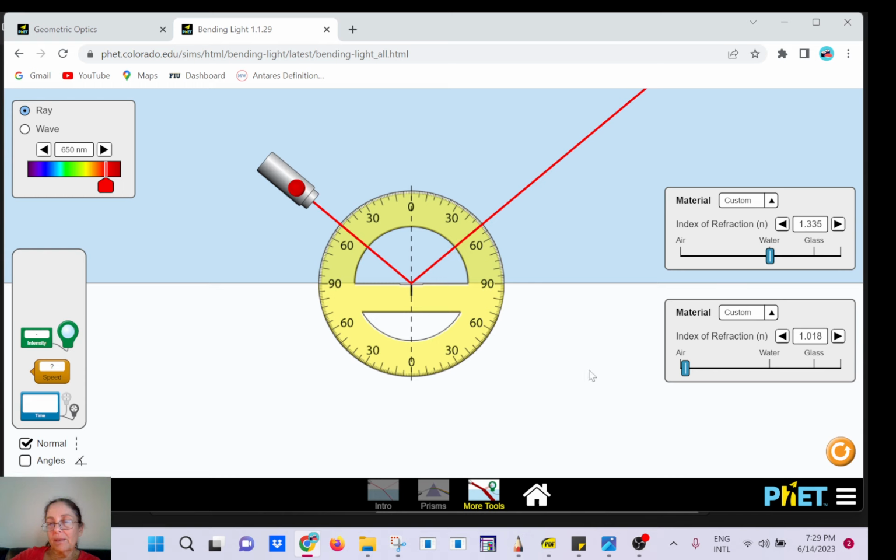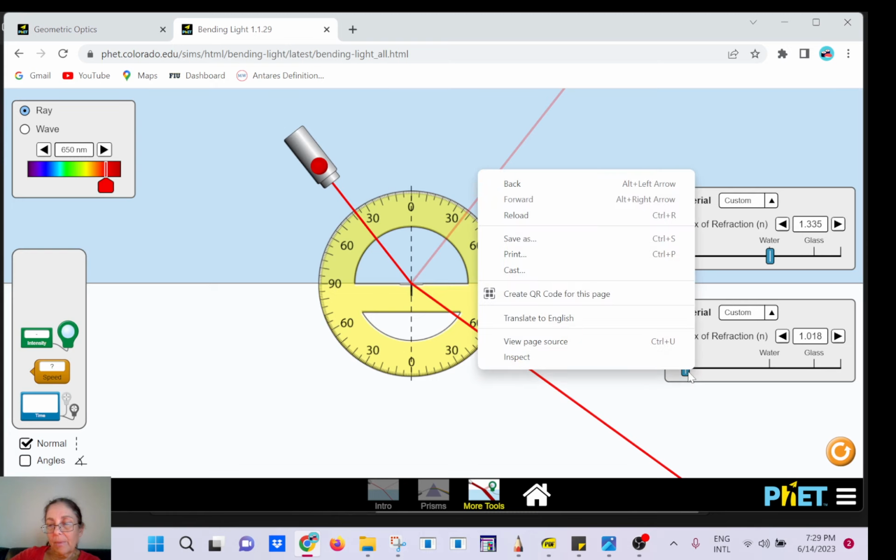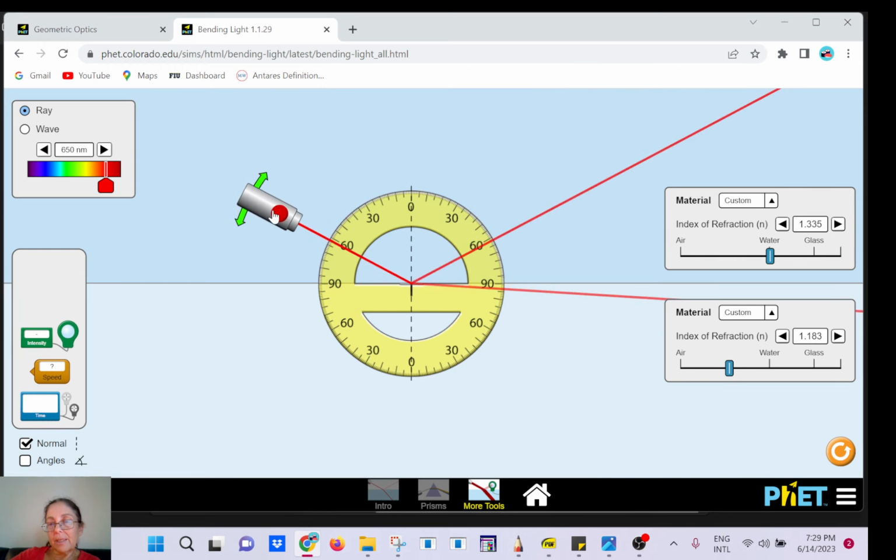Now, if here you increase the index, for example, somewhere there, you see that you're going to have less refraction and the critical angle is going to increase.